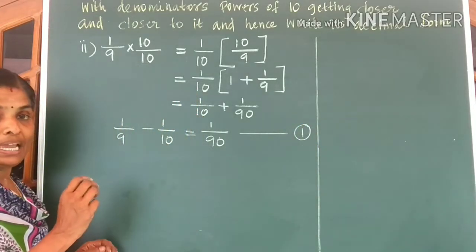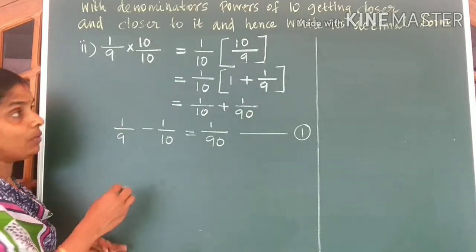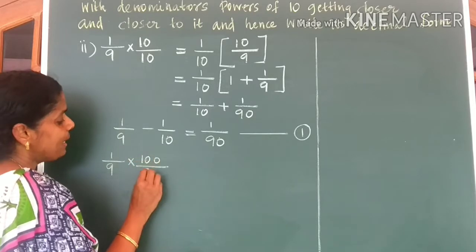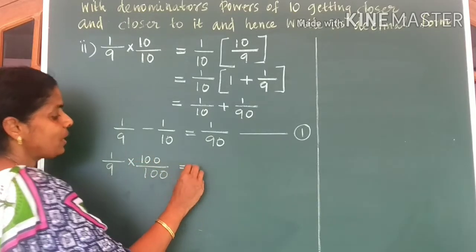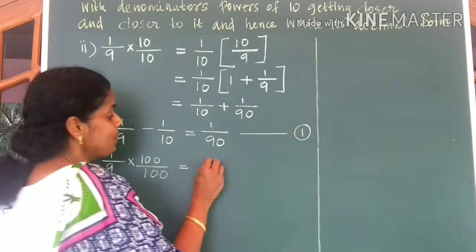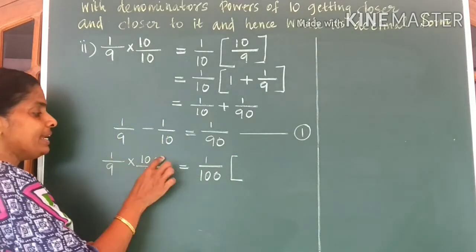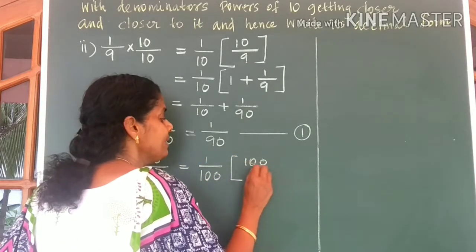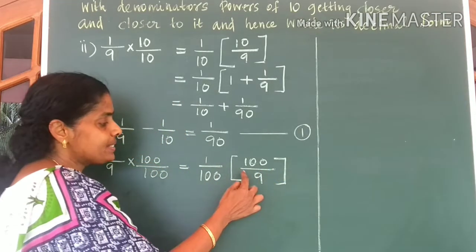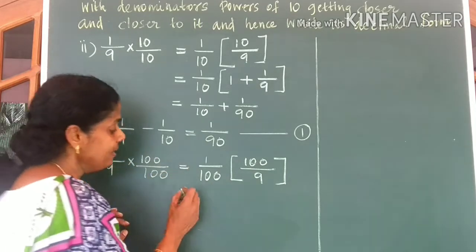Let us multiply the numerator and denominator with 100 now. So you will get 1 by 9 into 100 by 100. This is equal to 1 by 100 taken outside. So you get 1 by 100 within bracket 1 into 100, 100 divided by 9. As before, let us write this improper fraction as the sum of a whole number and a fraction.